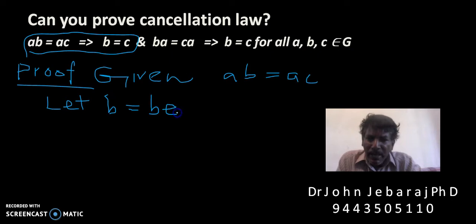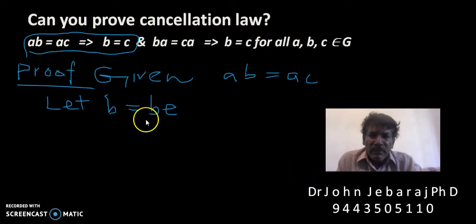Why? Because we know from the property that if an identity element is operated on any element of a group, then we will get the same element.